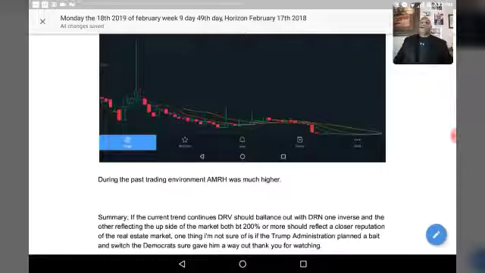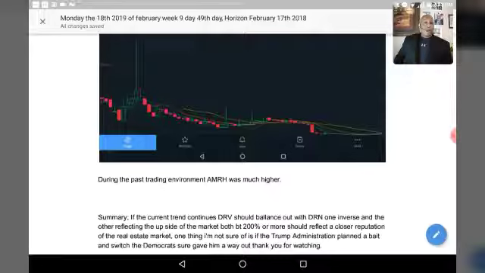DRN is kind of inflated right now, but as we go into a deflationary period, it should reflect the true cost of real estate a little bit more accurately, and that goes along with the inverse DRV. It should balance out to a closer representation of the real estate market.